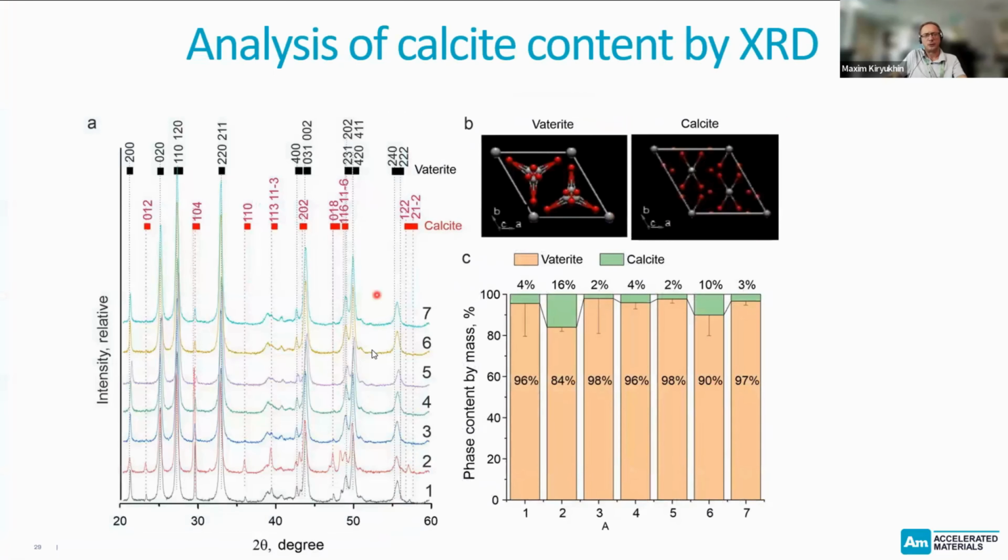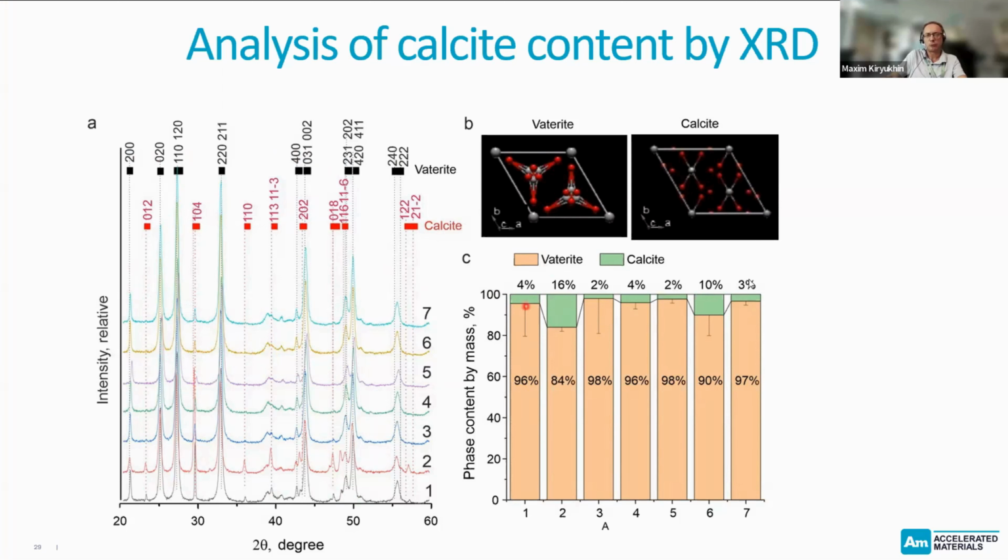Here you can see the XRD patterns of all the samples produced, and there are characteristic peaks of the vaterite labeled black here, and of calcite labeled red. You can see that in some samples calcite content was quite high, while in others you nearly cannot see calcite peaks at all.